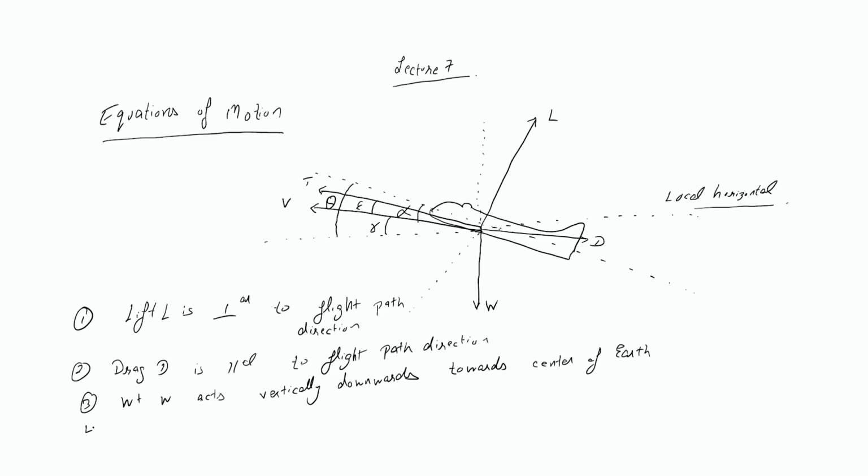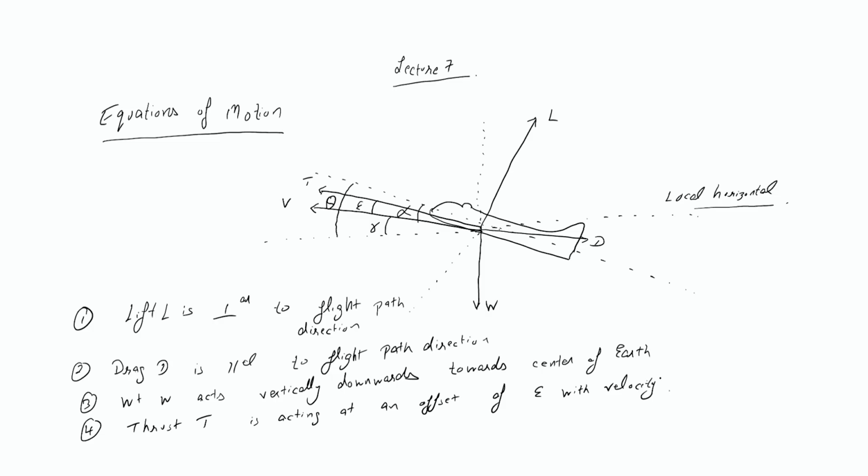And finally, we have assumed the thrust T is acting at an offset of epsilon with velocity.